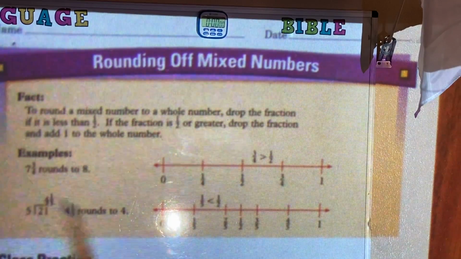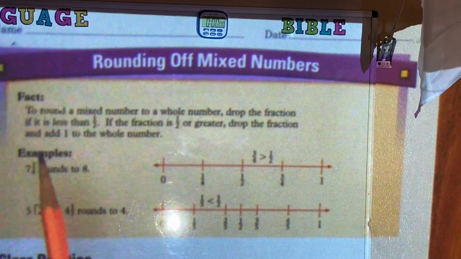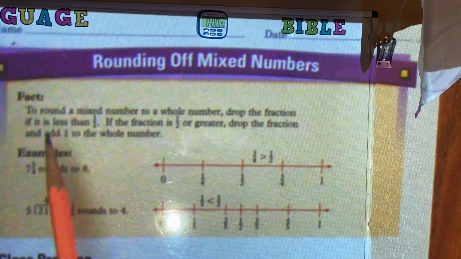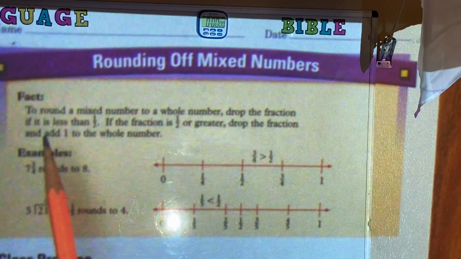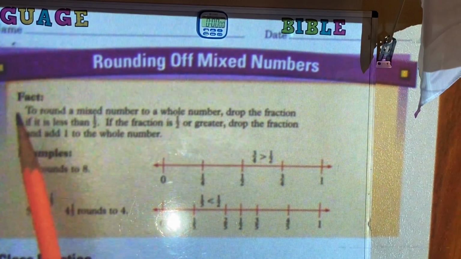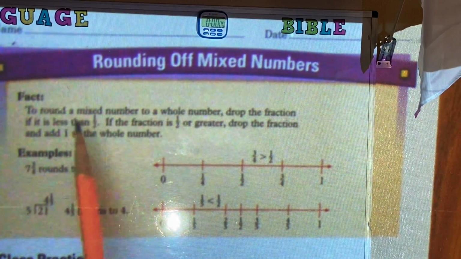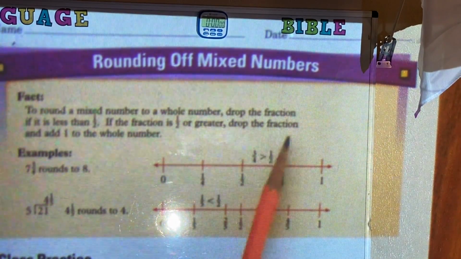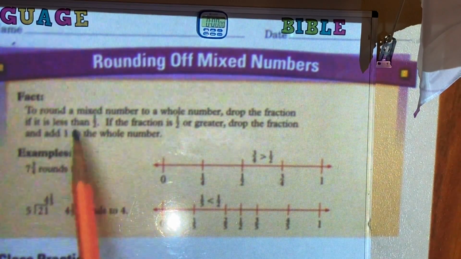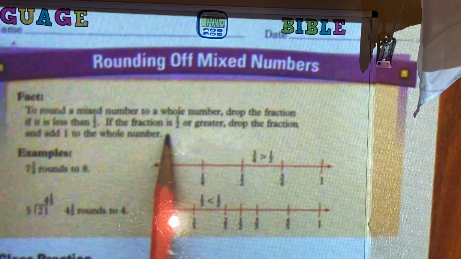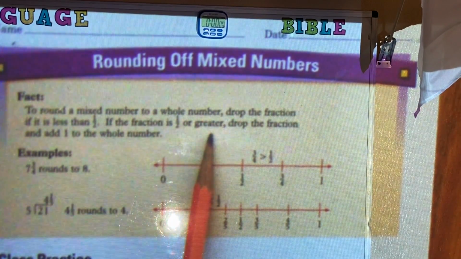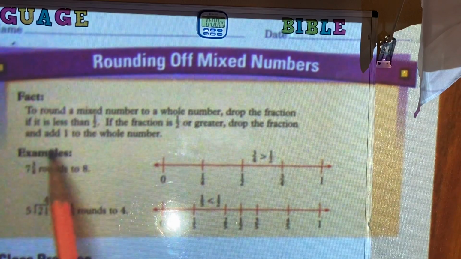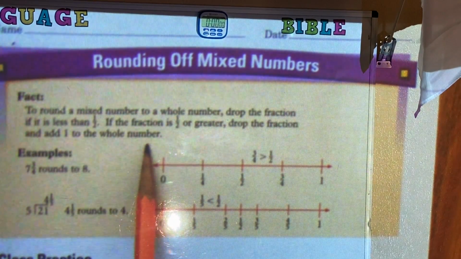So in order for us to understand how to round off mixed numbers, we need to know that to round a mixed number to a whole number, drop the fraction if it's less than half. If the fraction is half or greater, drop the fraction and add 1 to the whole number.